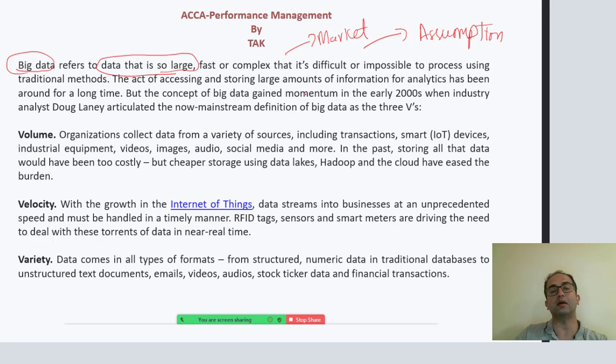Data carries a lot of behavior and information, and once data is formulated, it results in information. And right now in the world, data is in very large quantum. It's fast, in some scenarios very complex, and difficult or impossible to process using traditional methods.